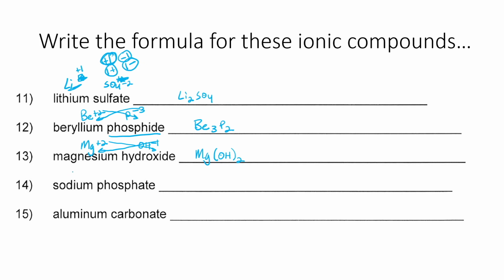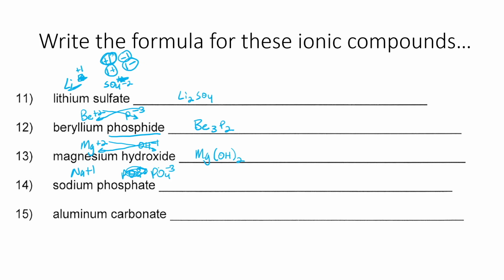Sodium phosphate. Sodium you already know, +1 charge. And then phosphate, not to be confused with phosphide, but remember when it ends in -ate, it's always one of those oxyanions. So phosphate is PO4 3 minus. Let me write that again. PO4 3 minus. And so this is a polyatomic ion again.